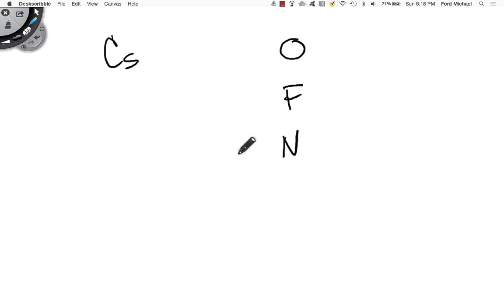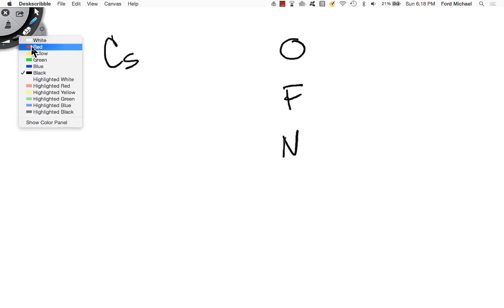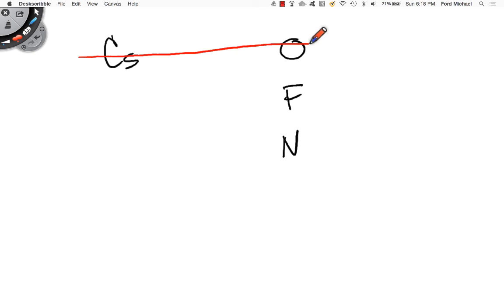So again, hit pause for a minute, see if you can get through naming these on your own. So we have cesium, not oxygen, but oxide.